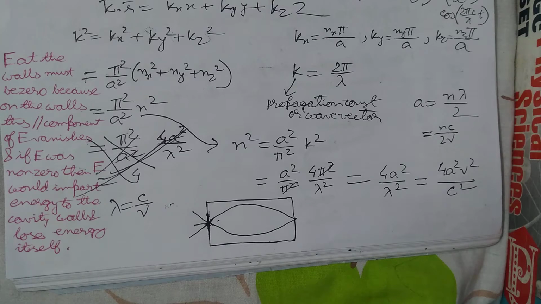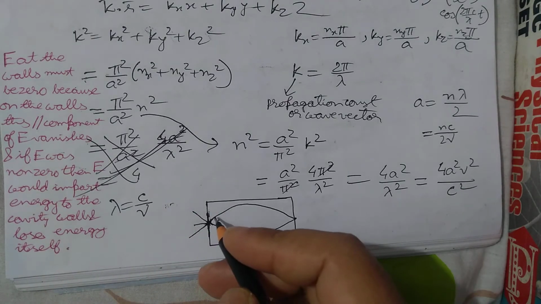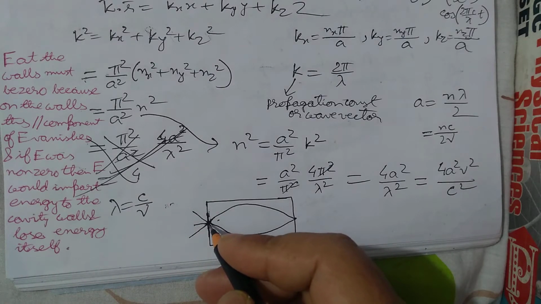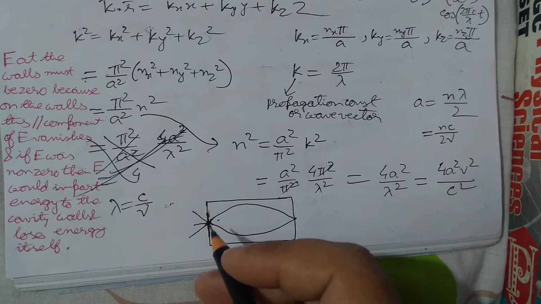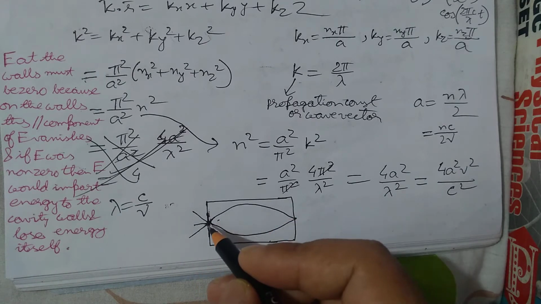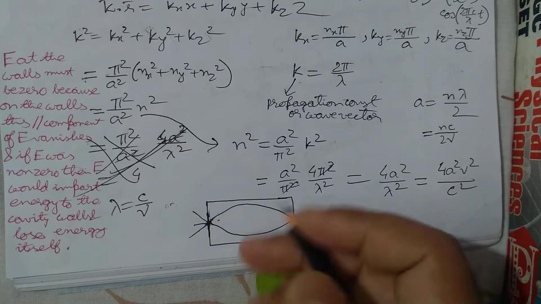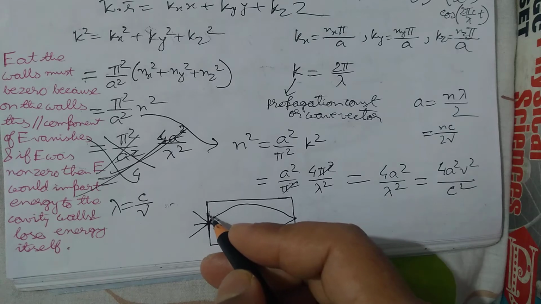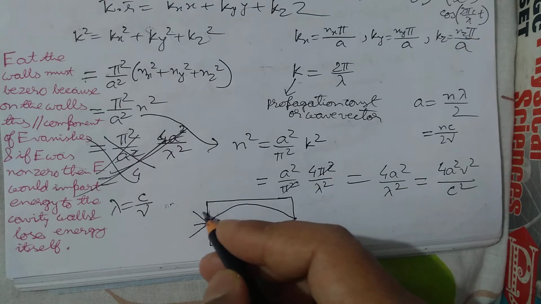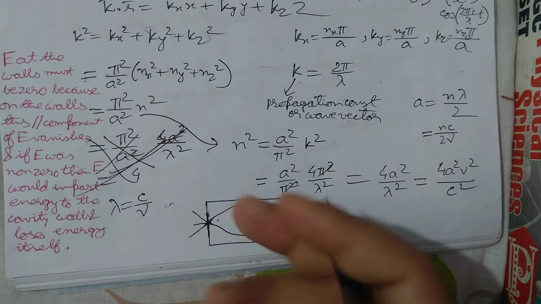So again the purpose will not be served. That is why the nodes are always there at the walls, because if the field is not zero there, it will dissipate energy by colliding with the walls.